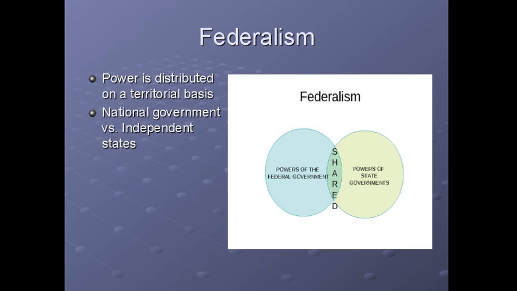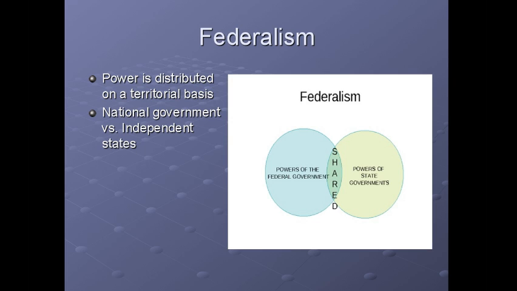So there's always historically been this battle between the national government and the independent states. Some roles and responsibilities are very clear that the national government will have no say in, and that the states are completely independent and can do what they want. An example would be education or marriage. The problem is the national government will often step in when they feel state governments create laws that may be interpreted as being unconstitutional.